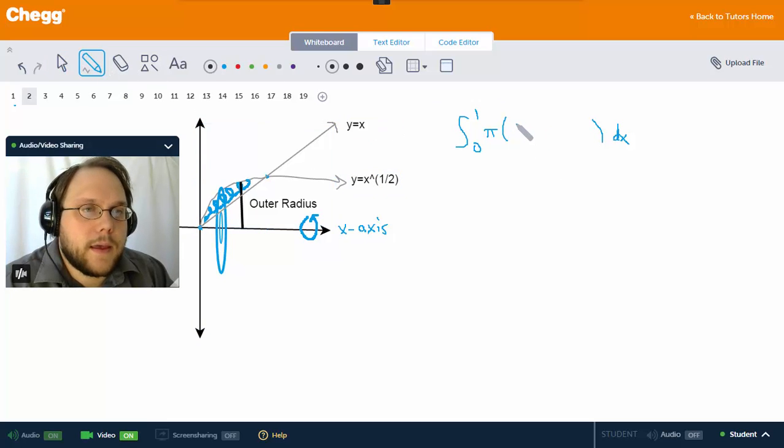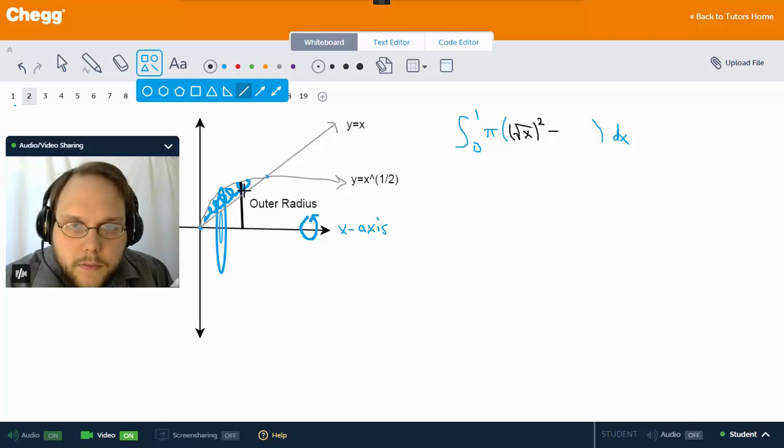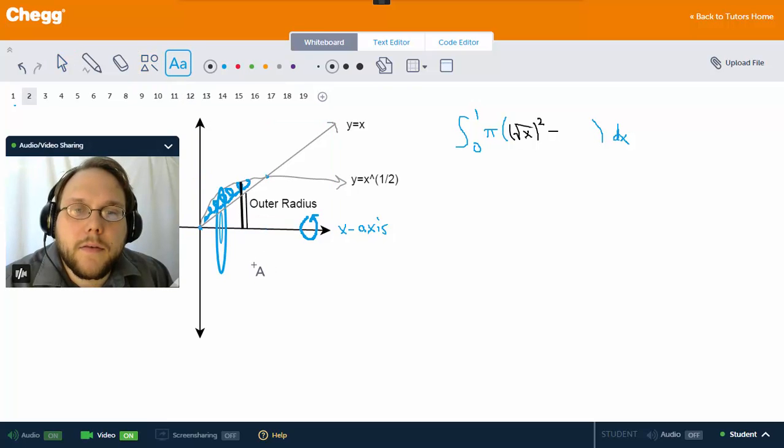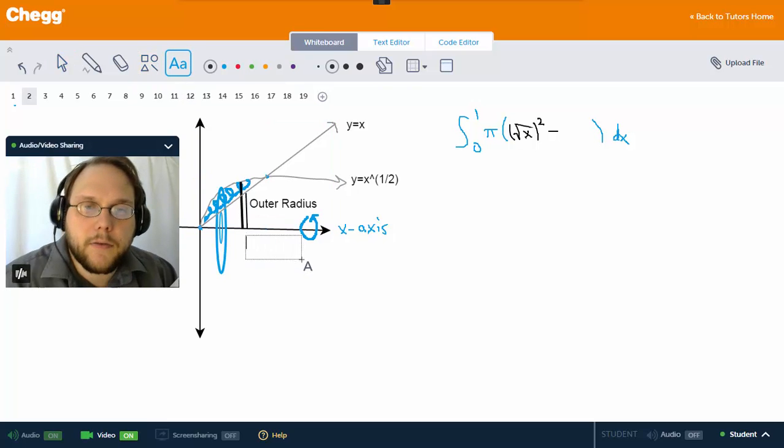So the outer radius has to be the square root of x, and we have to square that radius. What about the inner radius? Well, the inner radius is given by the smaller function, the function closer to the x-axis. And this is the inner radius right here.